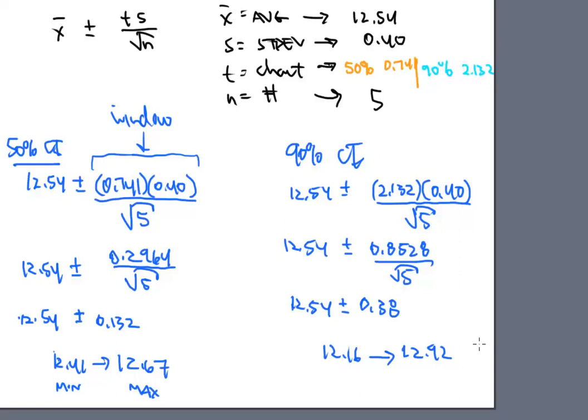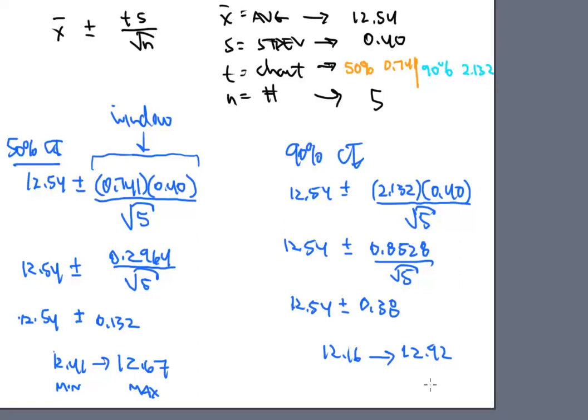So now I'm telling a company, well, I did the testing, 12.54 is what I've got, but I'm 90% certain that the true value of this object or this sample that you gave me is between 12.16 to 12.92. It's in that window, it's in that range somewhere. And that is what we call the confidence interval. So this is two examples, really, using the same kind of numbers: average, standard deviation, number of measurements, and student t.